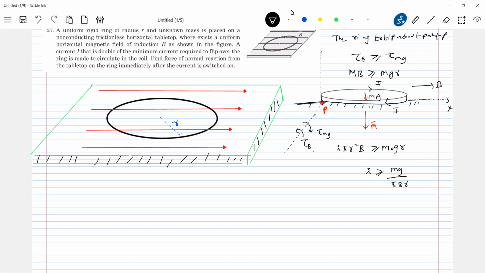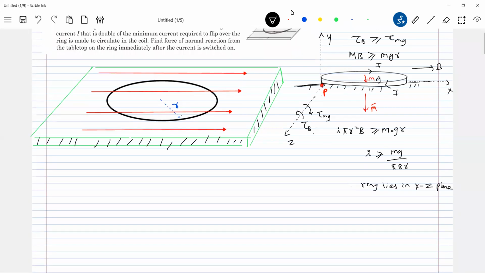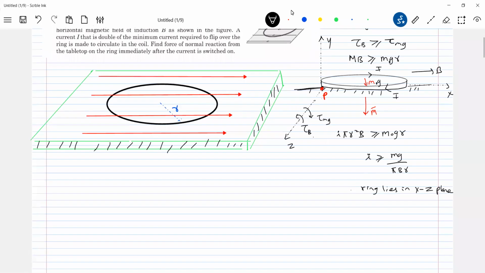If you find it difficult, shall I say the ring will tip about, in which plane does the ring lie? XZ plane. So the ring lies in the XZ plane. Okay, now come to this one. Now the same diagram.